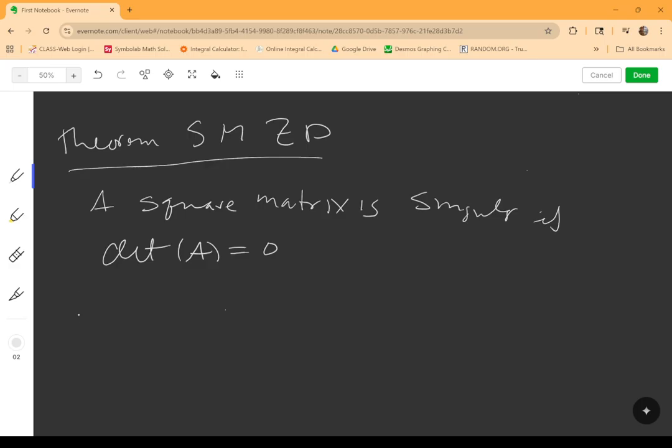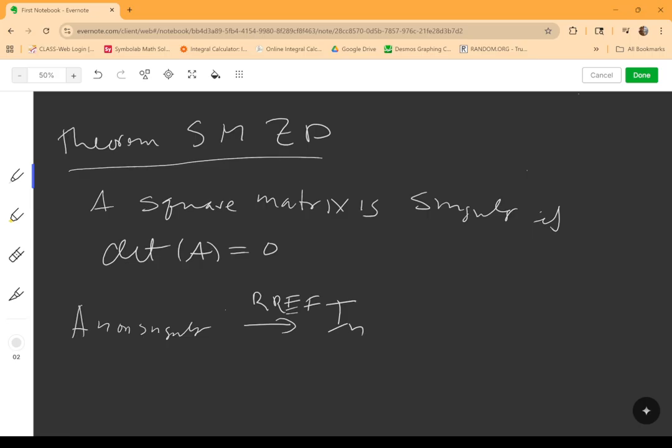Now think of why that must be the case. If A is non-singular, I know it row reduces to I_n. But if it does not reduce to I_n, then it's singular, and that would mean it would have a row of zeros.